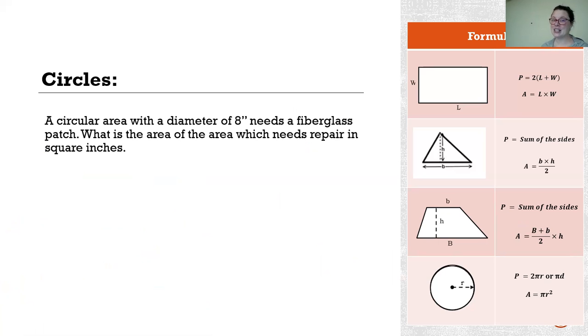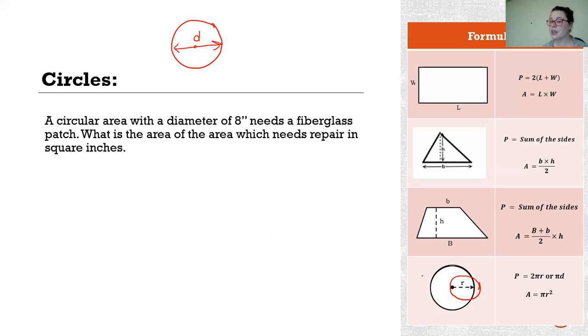All right, circles. So we've already looked at circles in terms of perimeter, so we've learned our circle terminology. As a reminder, radius is the distance from the center to the outside edge. Diameter goes all the way across.